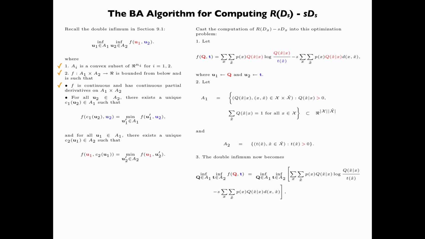Therefore, the double infimum now becomes inf over q in A1, inf over t in A2, f(q,t), where f(q,t) is given as the double summation in step 1. The infimum over all t in A2 is in fact a minimum, which is equal to I(p,Q), and f star, the value of this double infimum, is equal to R_d(s) minus s D_s.